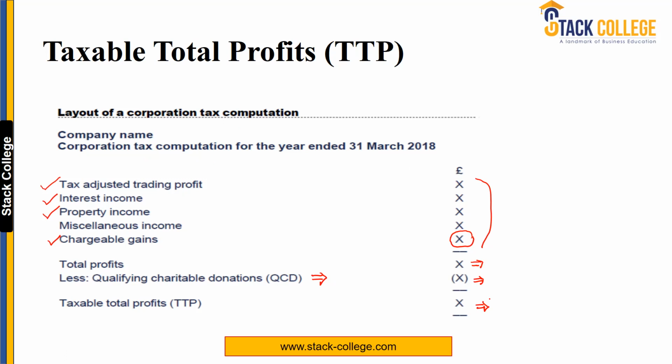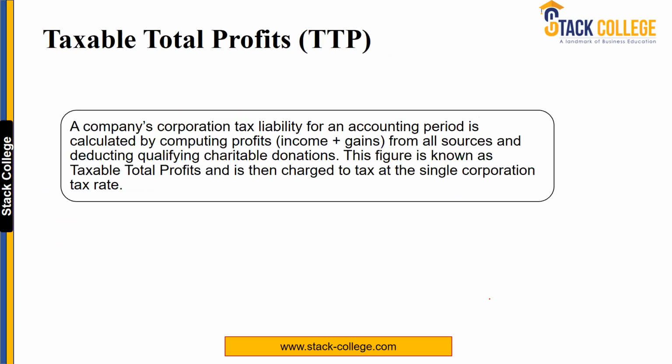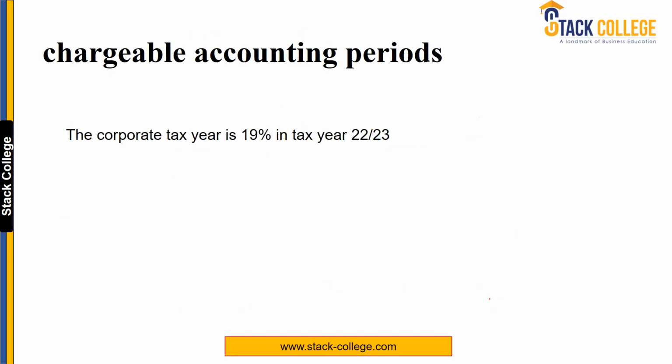Now, we have to apply the corporation tax rate on taxable total profit, and the tax rate for the Finance Act 22-23 is 19%. This is applicable on all companies irrespective of their size. So we need to identify TTP, and then multiply this TTP figure at the rate of 19%.